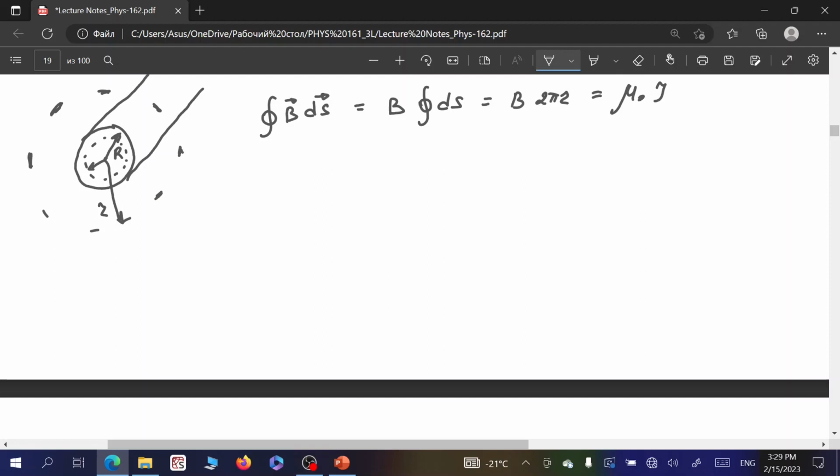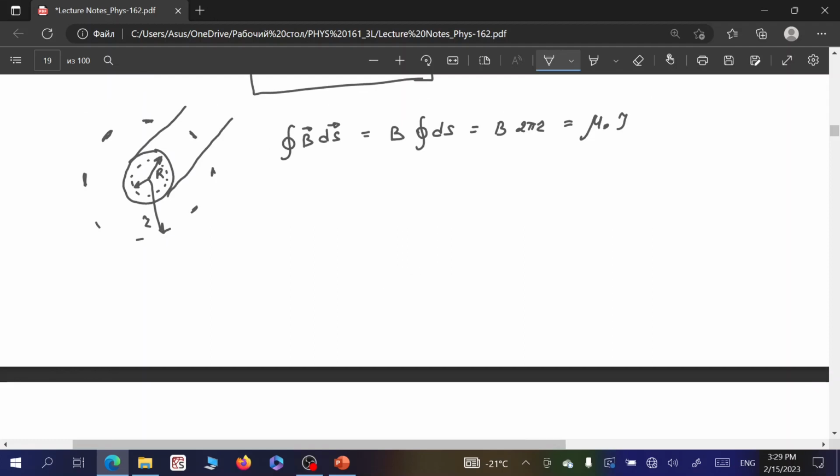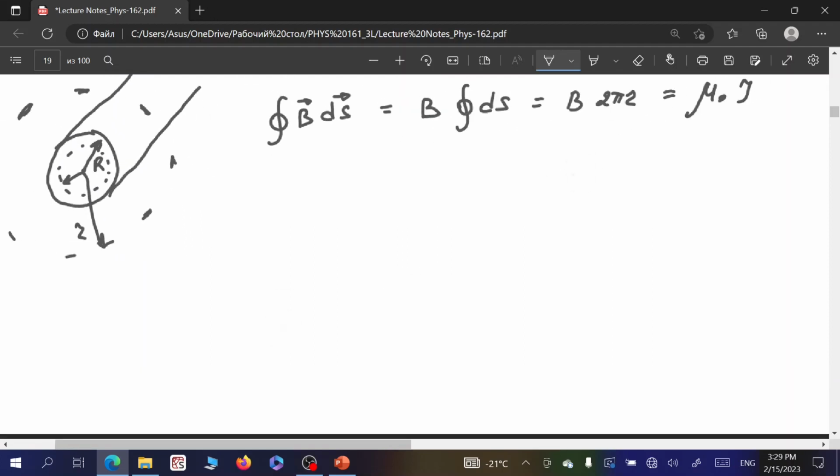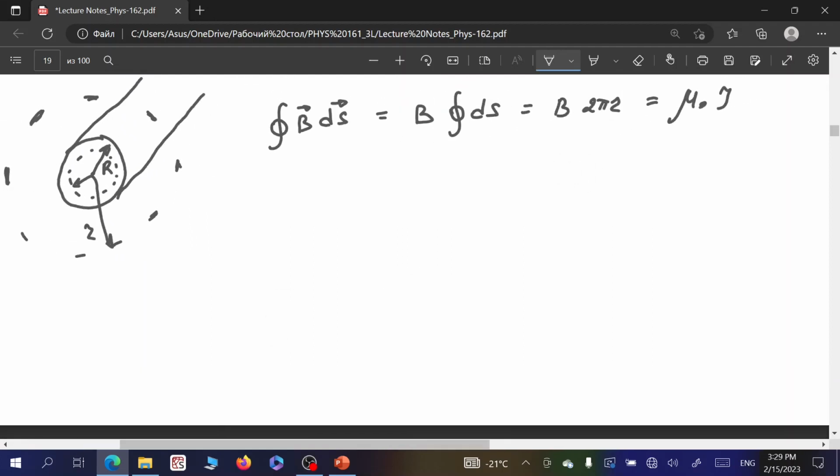So now we can determine the magnitude of the magnetic field. B is equal to mu naught times I divided by 2 pi r, in the case when small r is larger than or equal to the radius of the conductor.